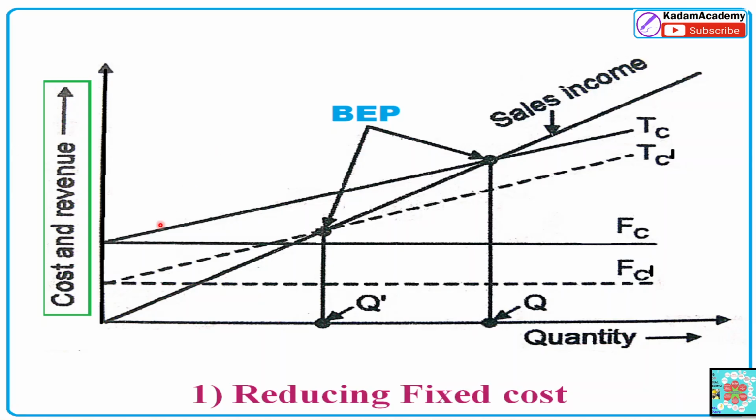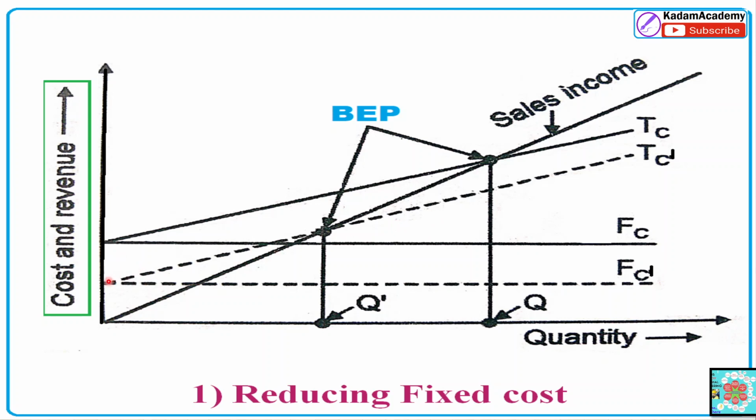In reducing the fixed cost, see here, this is the line for the fixed cost drawn previously, this is the line for the sale income, and this is the total cost line. When we decrease the fixed cost from FC to FC dash, the total cost line goes below.